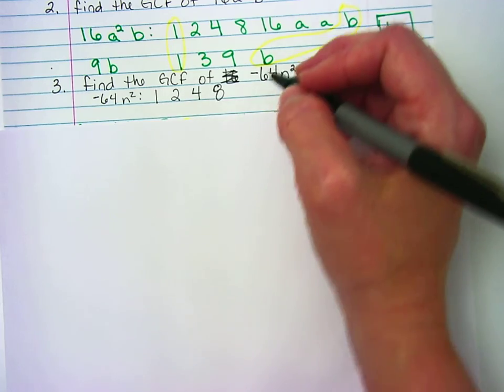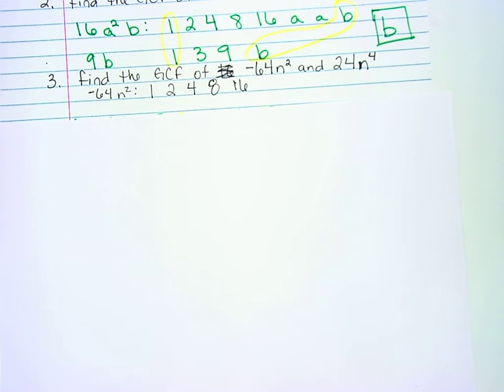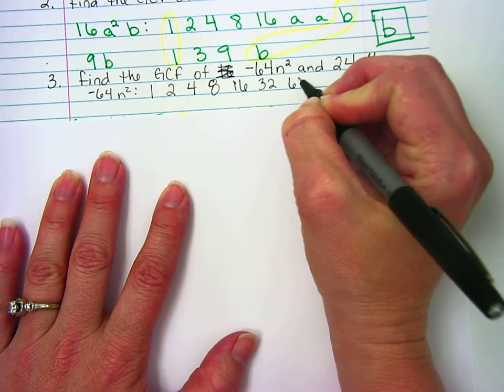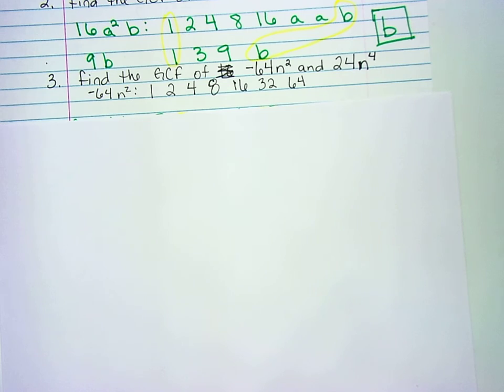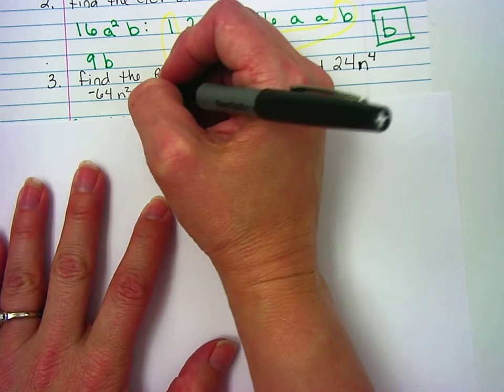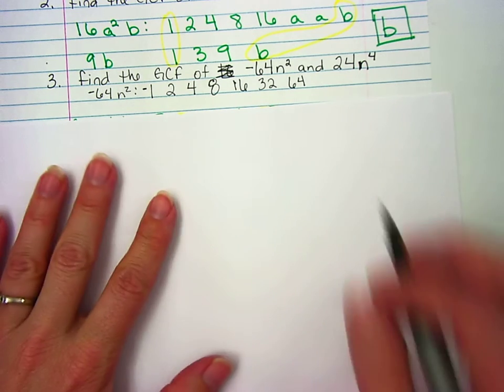And then we have 16, 32, and 64. Now, let's address that negative. You have a negative 1 there, so we can put that there, because that is going to come up in a few minutes. And then I have 2 n's.